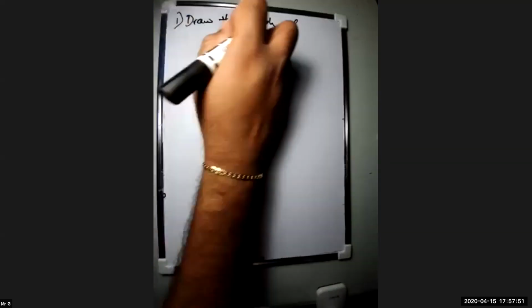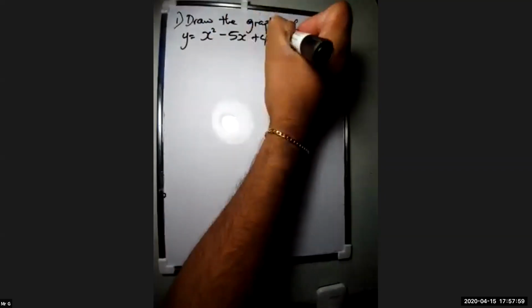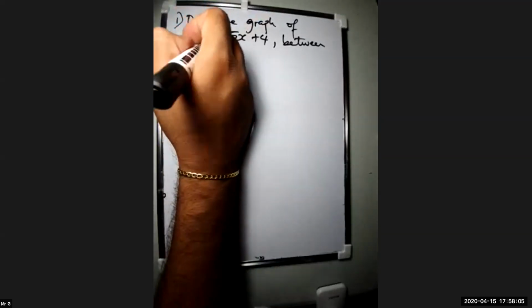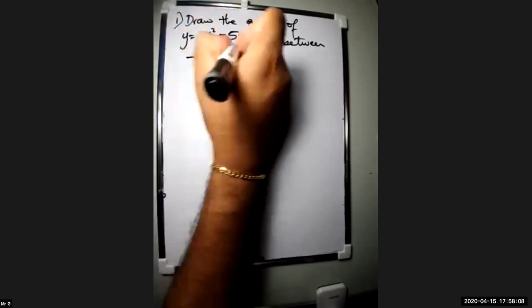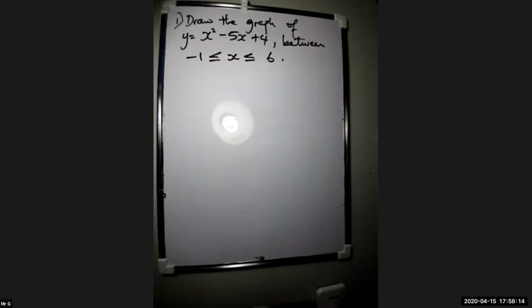Draw the graph of y is equal to x squared minus 5x plus 4 that lies between -1 and 6. Try that question for me. I'll give you all 5 minutes to try it. The first thing you have to do is obviously construct your table of values, right? That's the first thing you have to do.